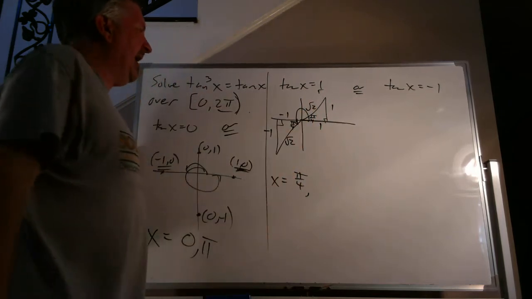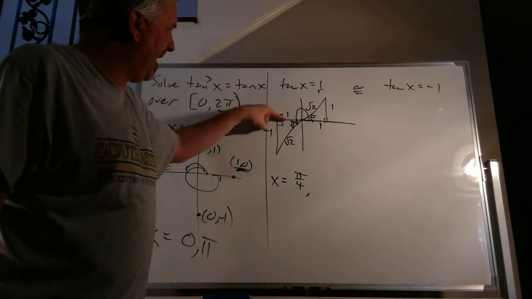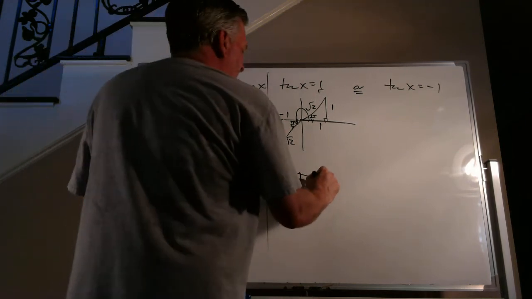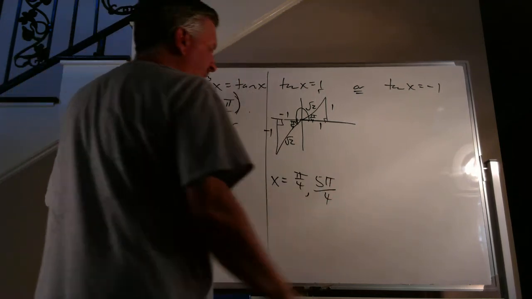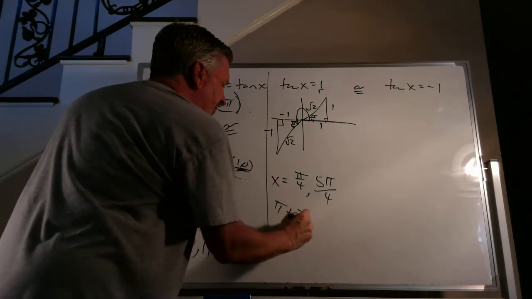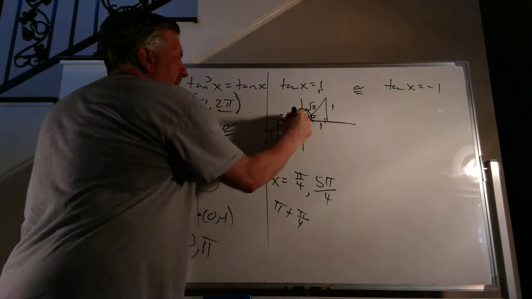What angle is that? It's pi, halfway around, plus pi over 4. So it's 1 pi and a fourth pi, which is 1 and a fourth pi, or 5 pi over 4. Right, so I just did pi plus pi over 4. Get your common denominator.